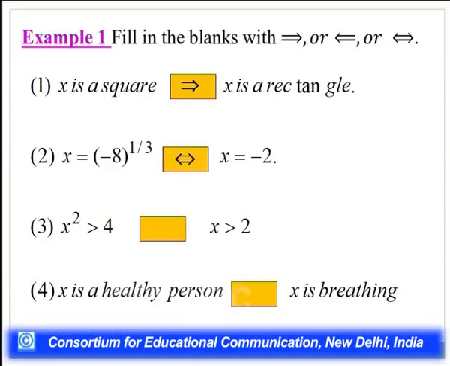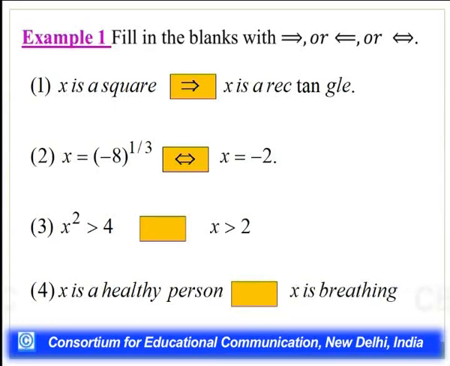Okay, now the third statement is as follows. The left hand side proposition says that X square is greater than 4, and the right side proposition says that X is greater than 2. Let's examine the left side proposition a little bit, because we'll have to solve this inequality.